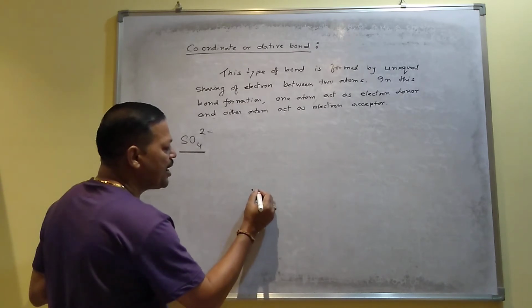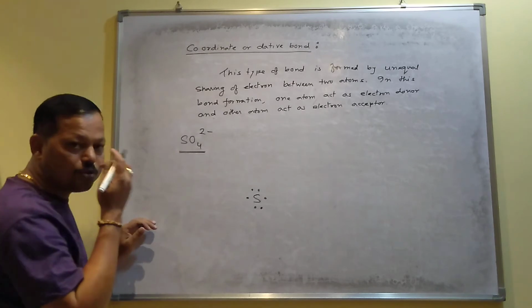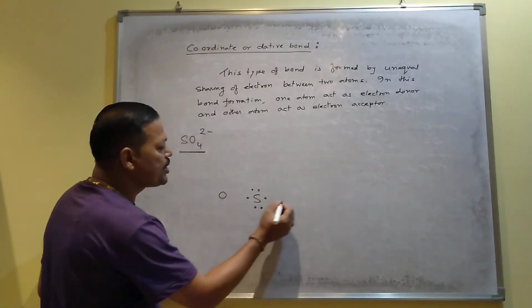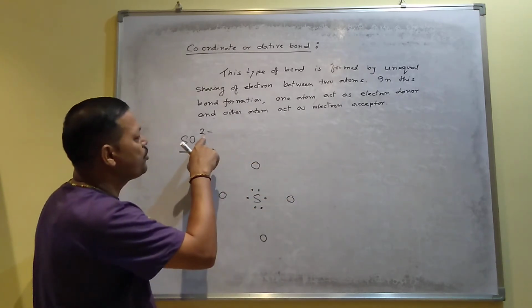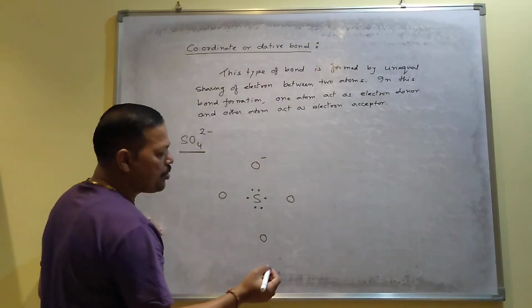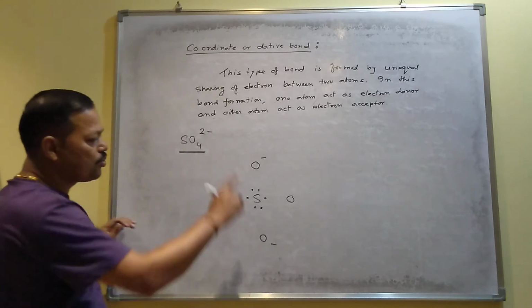As you know, sulfur has 6 electrons in the valence shell because its atomic number is 16, configuration 2, 8, 6. There are 4 oxygens. You draw the oxygens in the surrounding positions, and there is a 2- charge. So 1- you put inside one oxygen, another negative with another oxygen like this, total 2-.